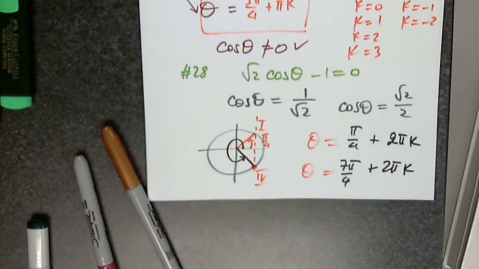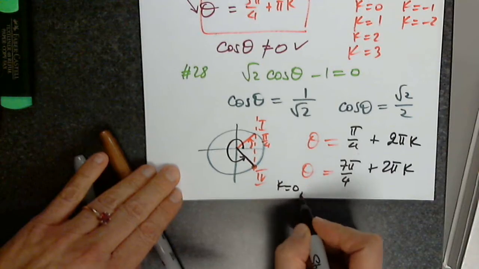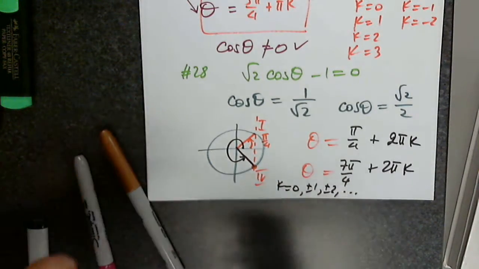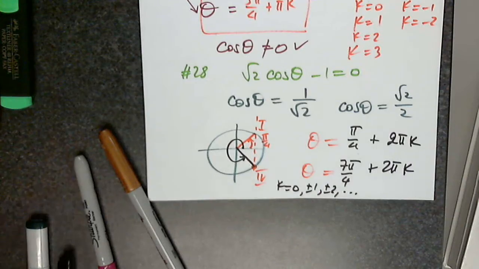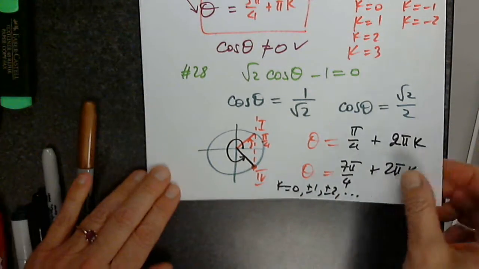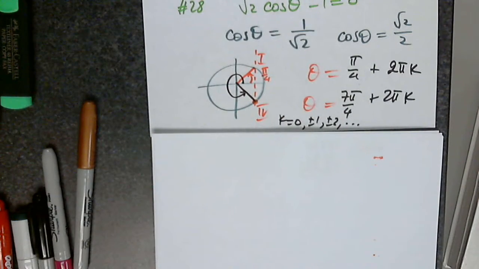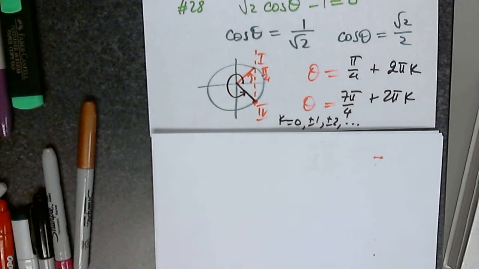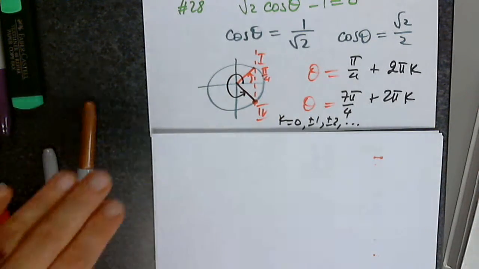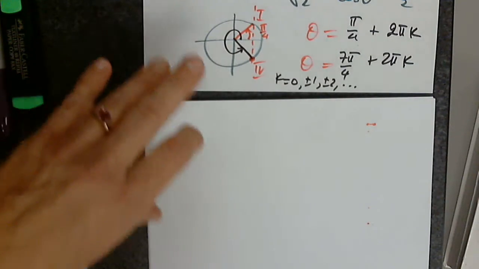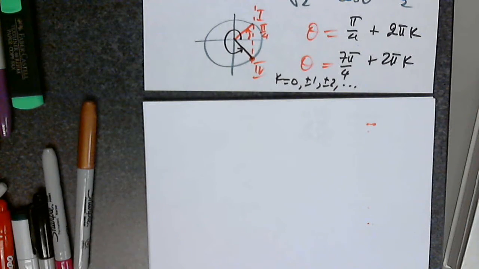But you have to write, this is a must, that k equals 0, plus or minus 1, plus or minus 2, and so on and so forth, because no one else knows what that is. Pretty straightforward. If we have a good command of the unit circle, this should not create any difficulties. K is an integer, and it goes with the period of the function you're solving for.